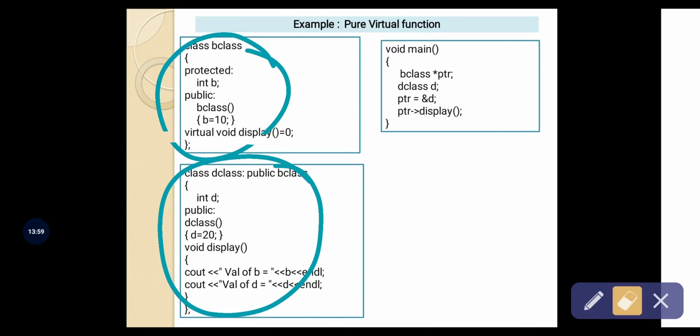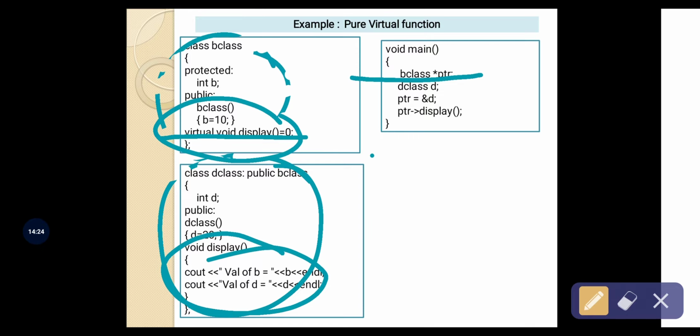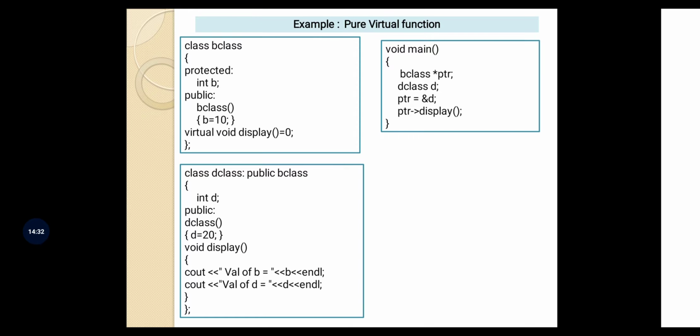So I create a base class pointer. Now mind you, since there is a virtual void display here, which is a pure virtual function, you cannot instantiate the base class. If you try to create an object of the base class, it will throw an error.